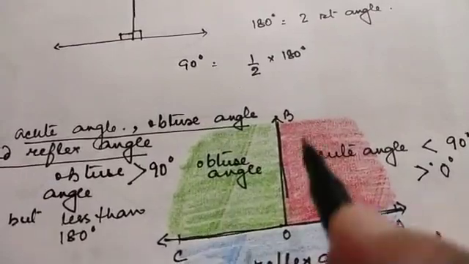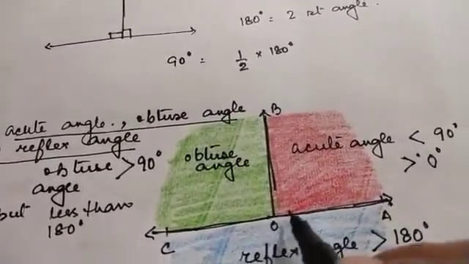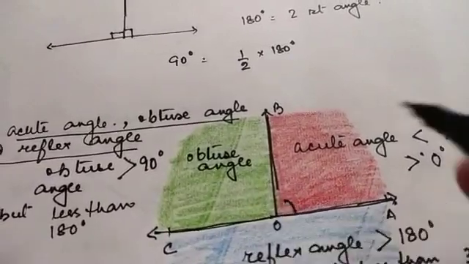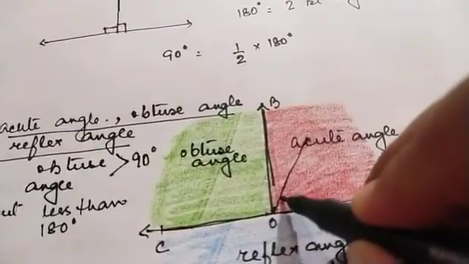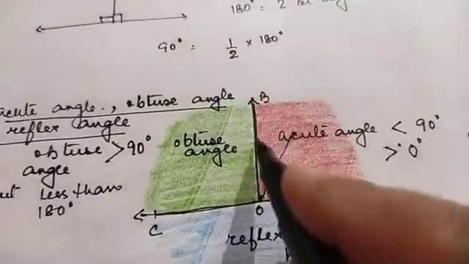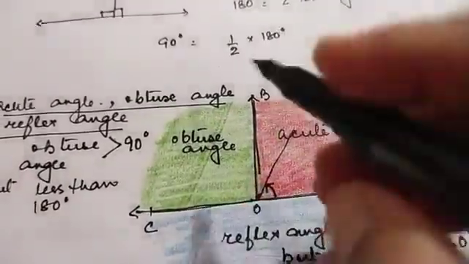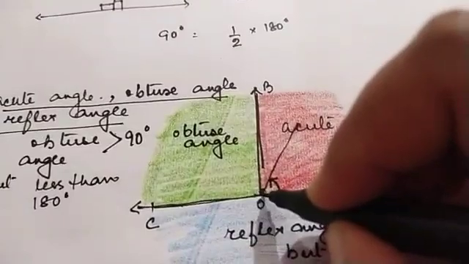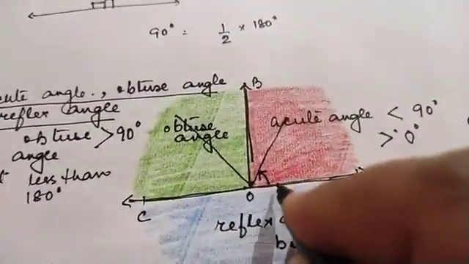Come to the second half. OA is the initial arm. From OA, any angle formed, if I take this angle over here, then this angle formed is an acute angle. Come to this green portion, between 90 and 180. Whatever angles form over here are obtuse angles. Now take a line over here.